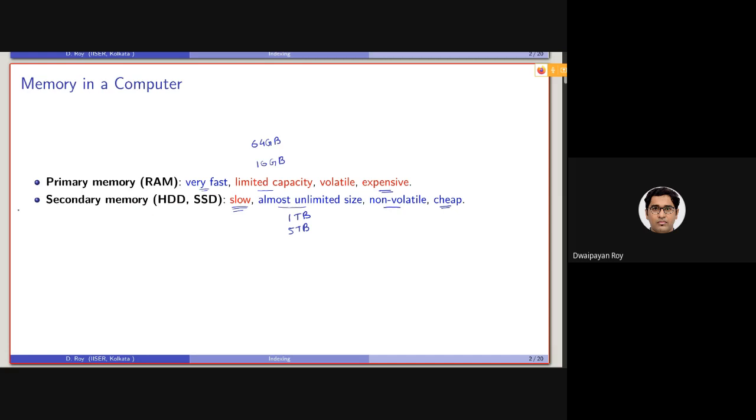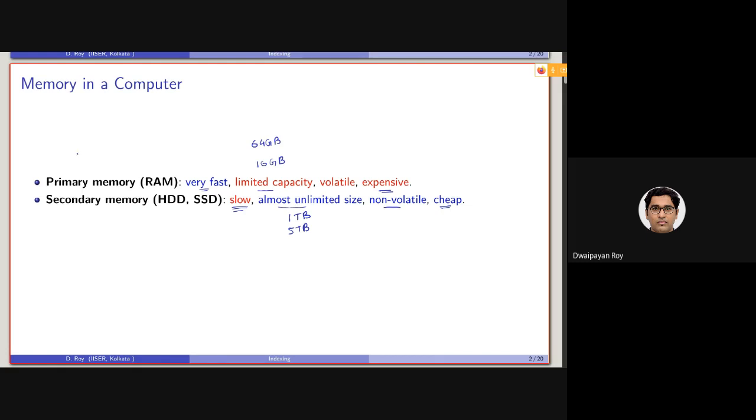Note that these are just the basic two types of memory that are there in the computer. There are certain other memories as well, like cache memory, which is basically a part in your processor, which is the actual part where the computations are happening.